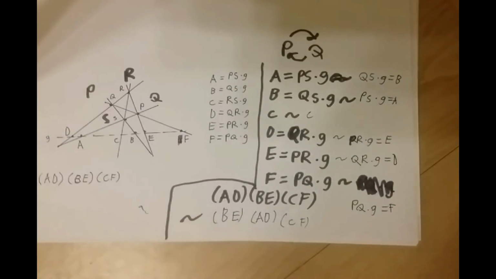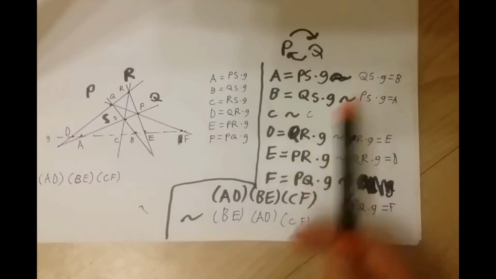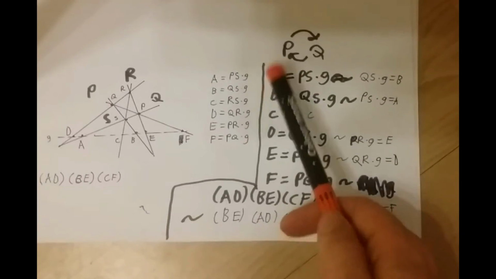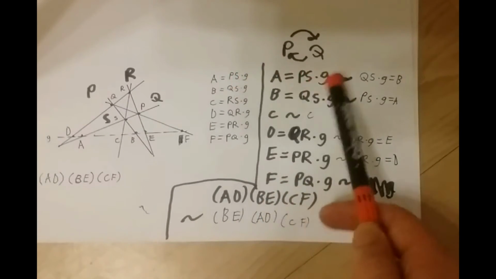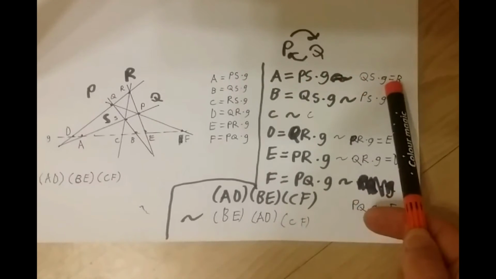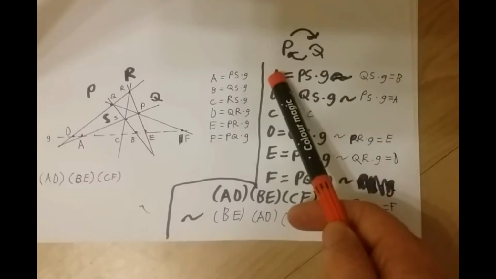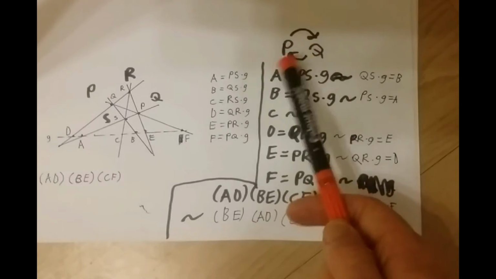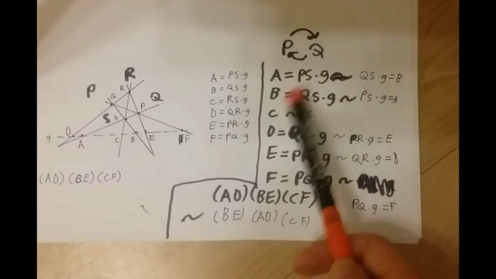Well, applying this permutation, swapping P and Q, we apply these rules again. We get, again, A is PS.G, which now is QS.G. So what was originally A is now B. What was originally B is now A.